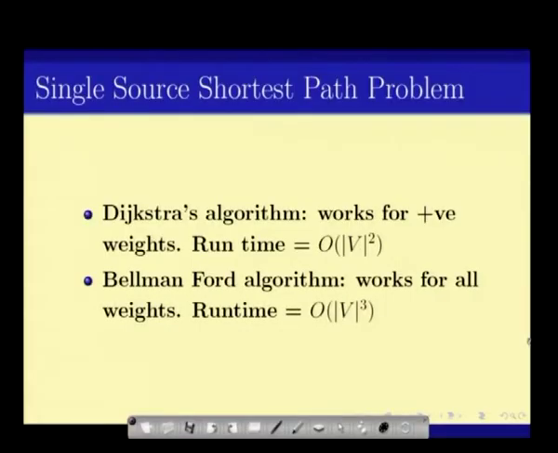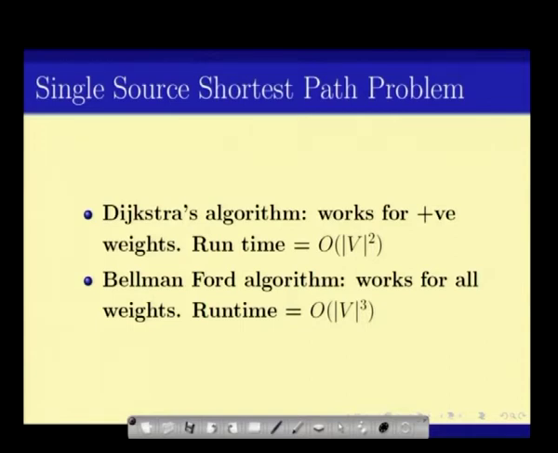So, in general, we have looked at the single source shortest path problem, and we have seen that if all the edge weights are positive, then we have Dijkstra's algorithm that runs in order V squared steps.